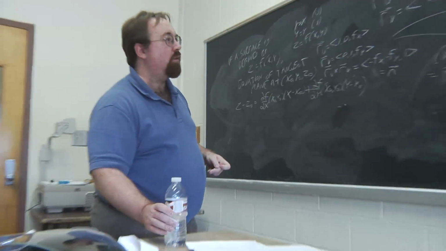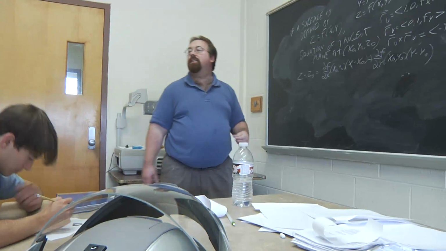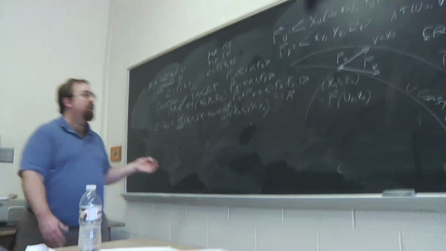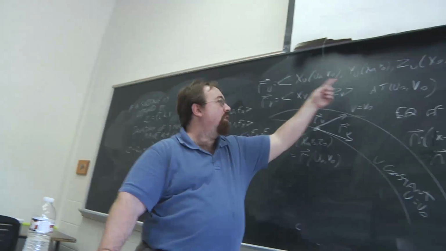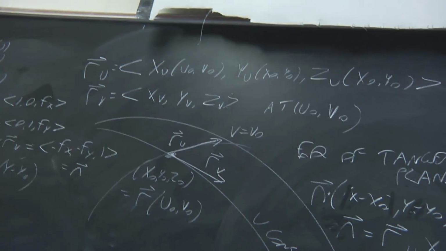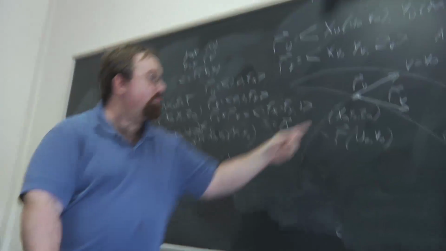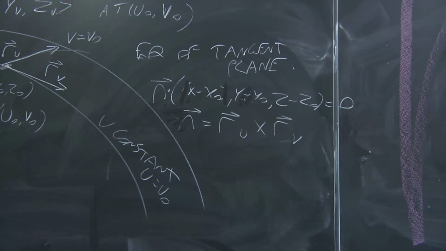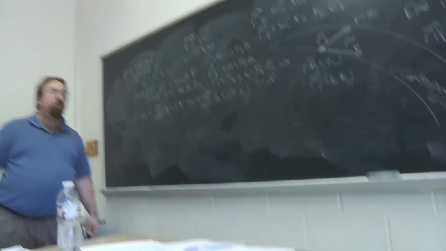Any questions about the equation of a tangent plane? Anytime you have a parametric surface, use the partial derivatives of your parametric equations with respect to u and v. That gives you vectors RU and RV. Take the cross product, that gives you the normal.